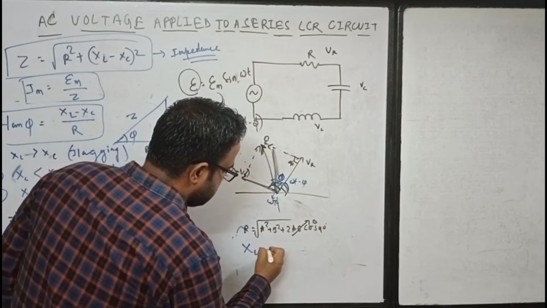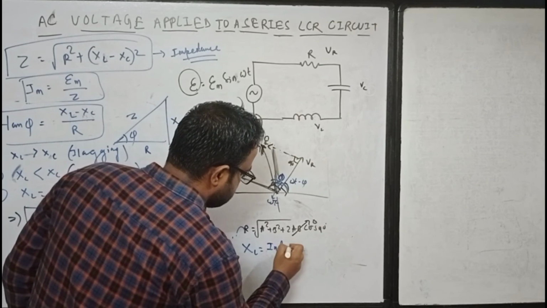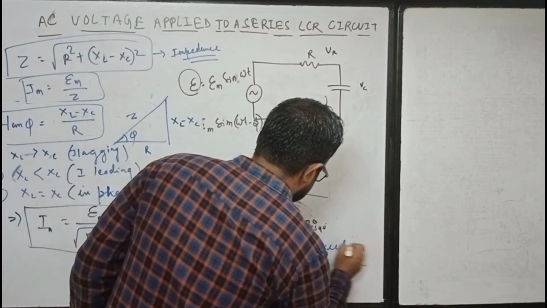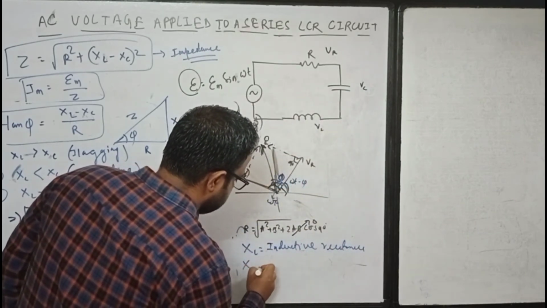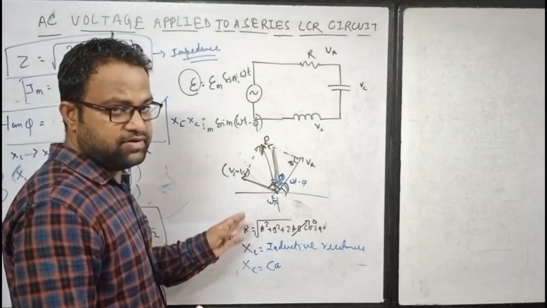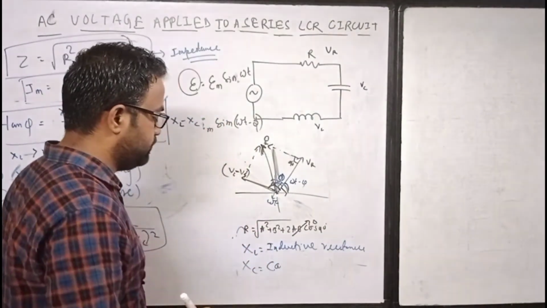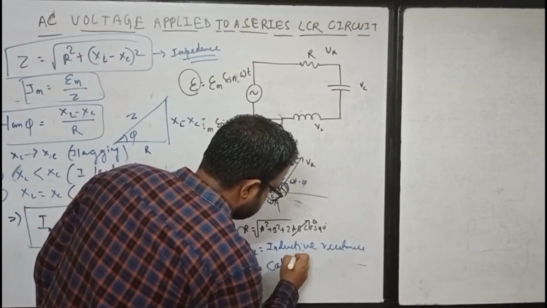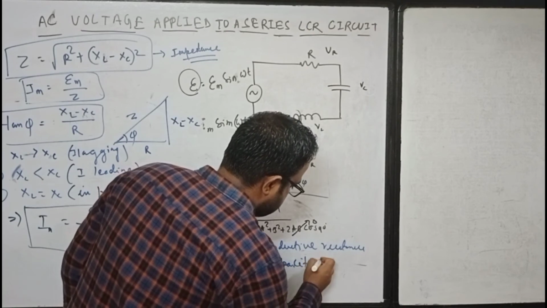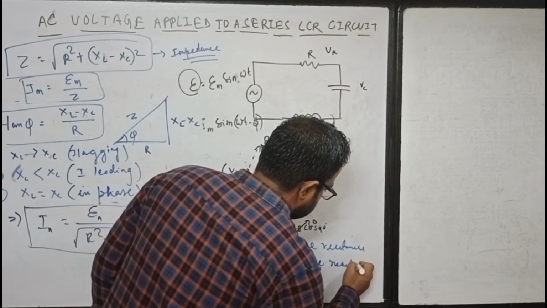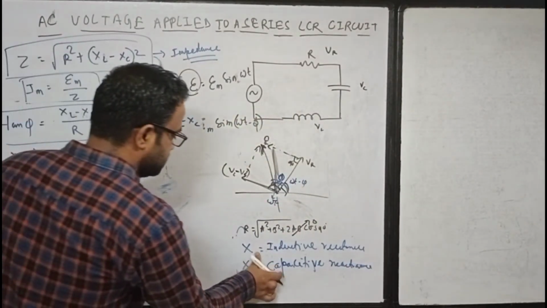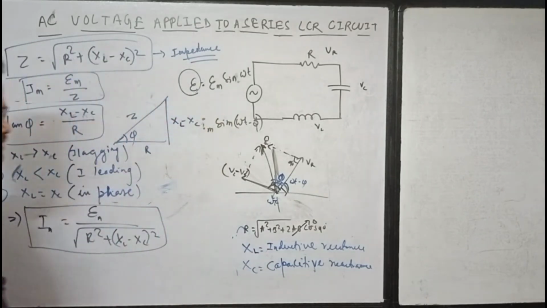XL is inductive reactance, and XC is capacitive reactance, and all these have the same dimension as resistance. XL and XC: this is L, and this looks like C.